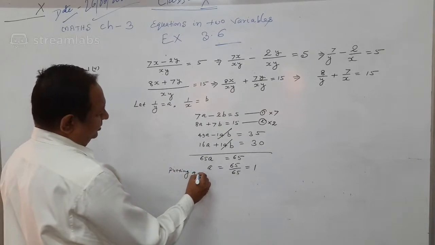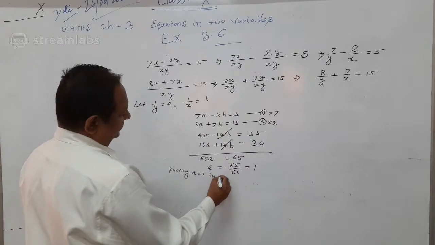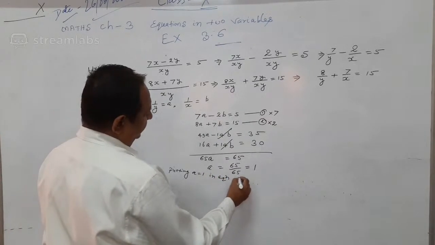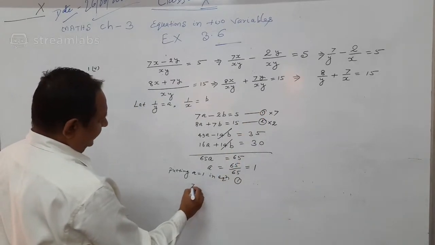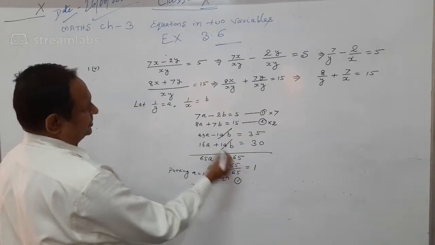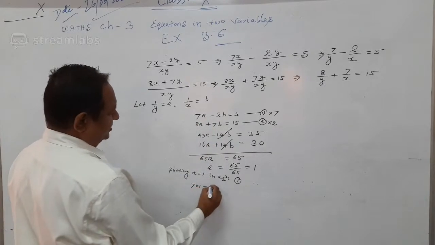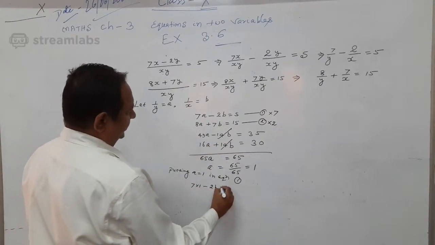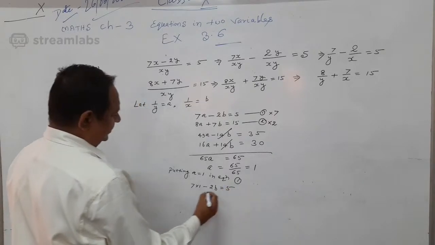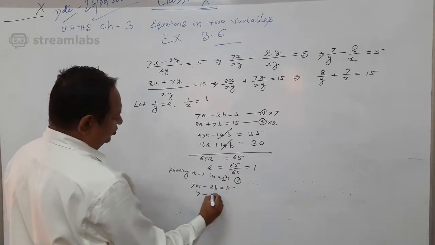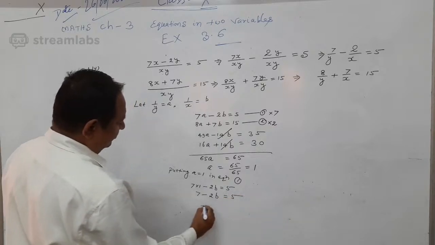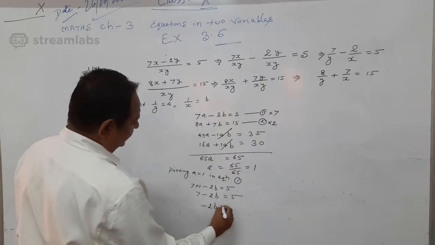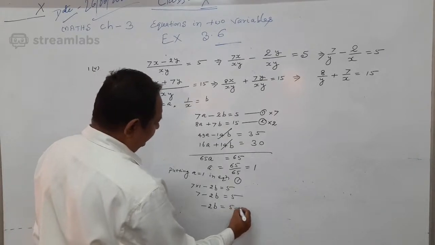Putting a is equal to 1 in equation 1, either in 1 or in 2. That is 7 into 1 in place of a minus 2b is equal to 5. So 7 minus 2b is equal to 5. Minus 2b is equal to 5 minus 7.